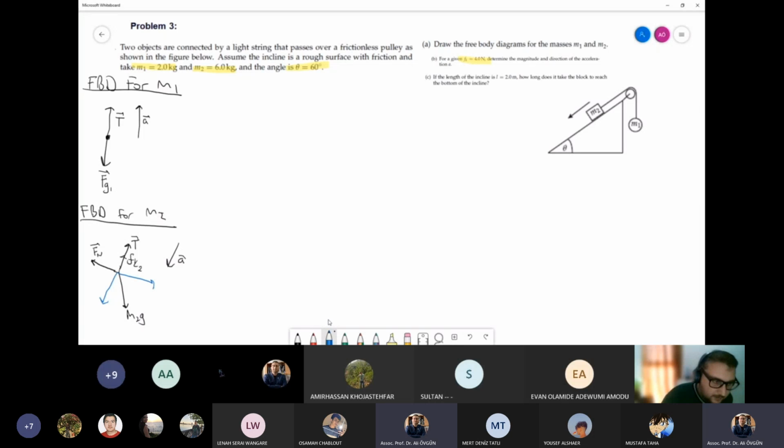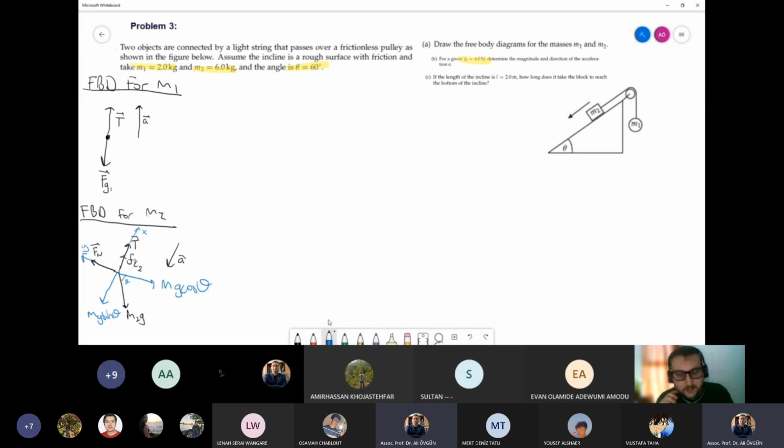And if you draw it correctly, you can see that this is theta. So this will be mg cosine theta, and this is mg sine theta. The direction here is x, and here is y.